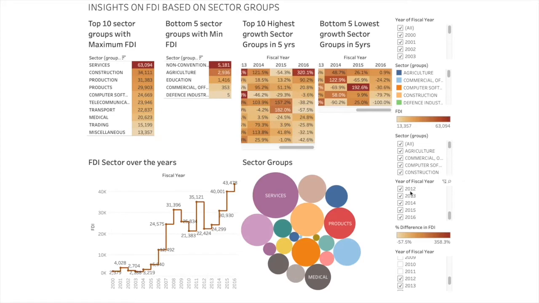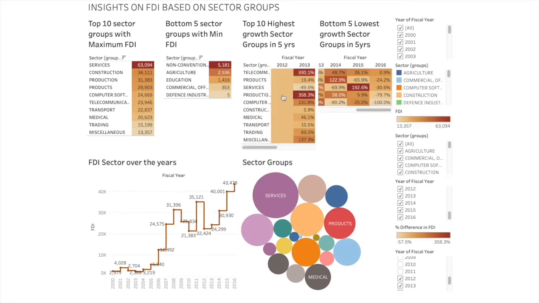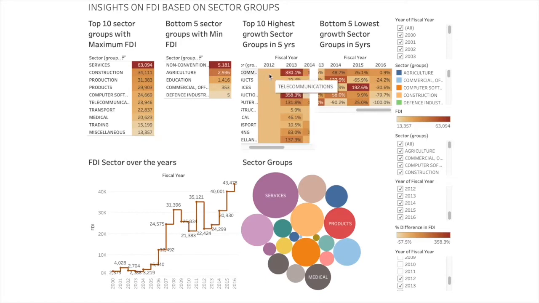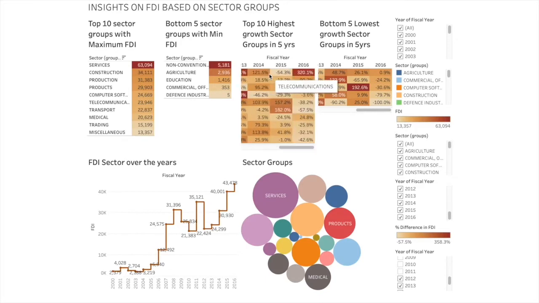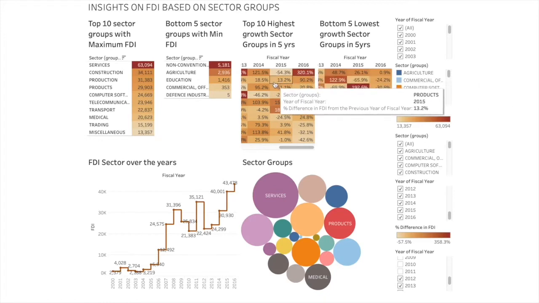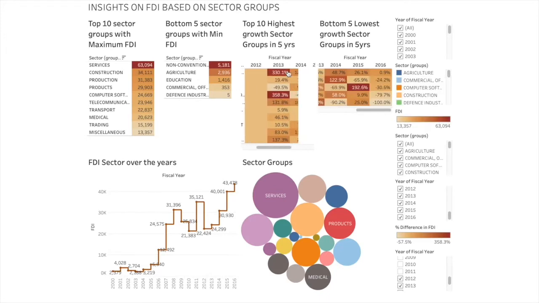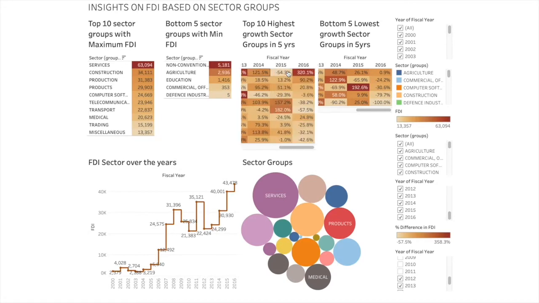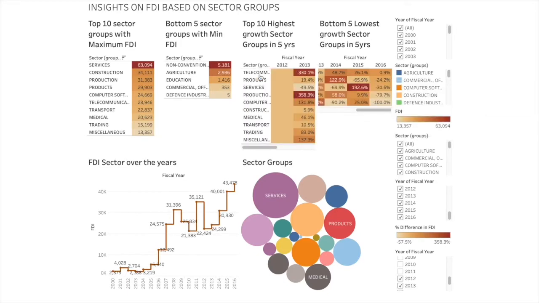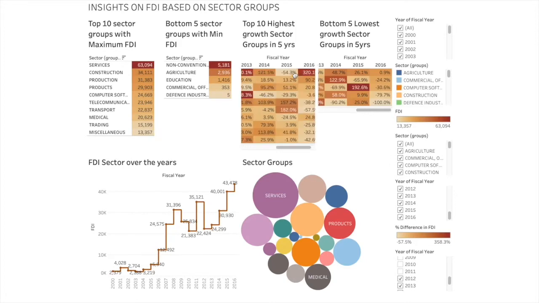In this particular filter from 2012 to 2016, we can tell that telecommunication received the highest growth, that is 320.1% growth. That was the record that was gotten from the table for the past 5 years.